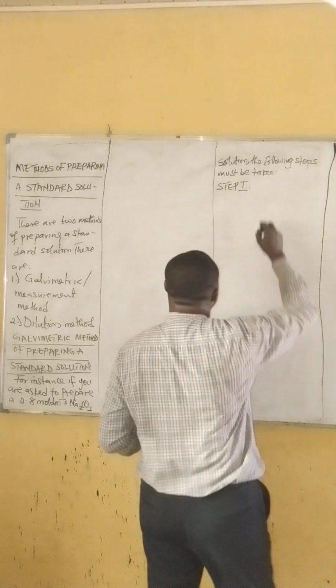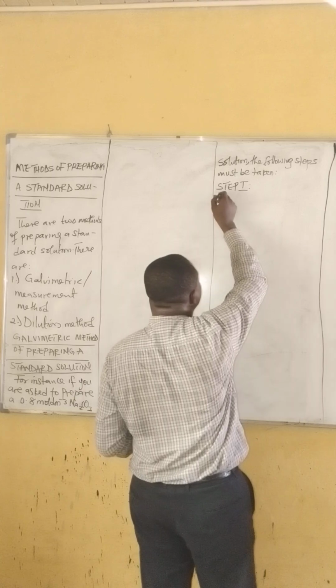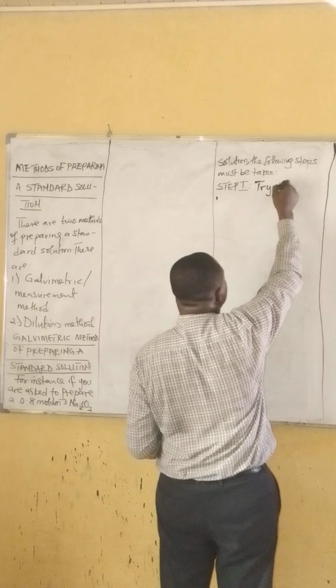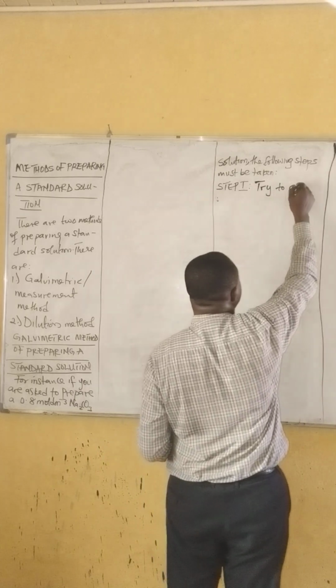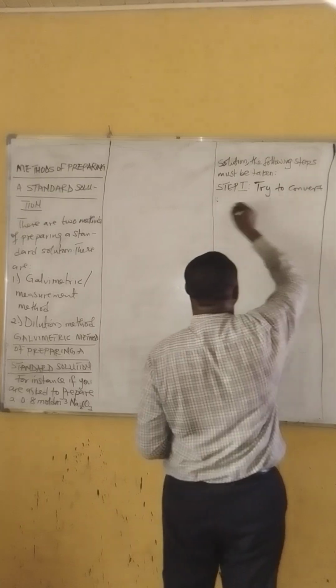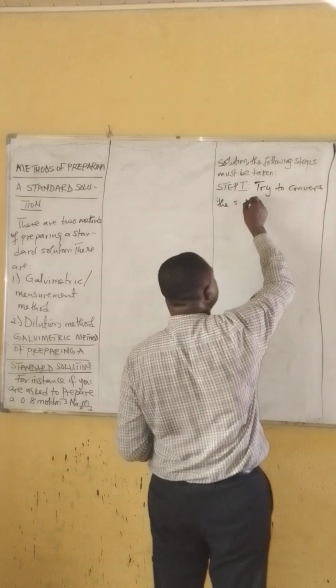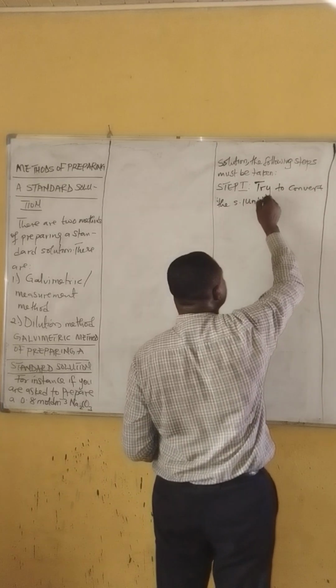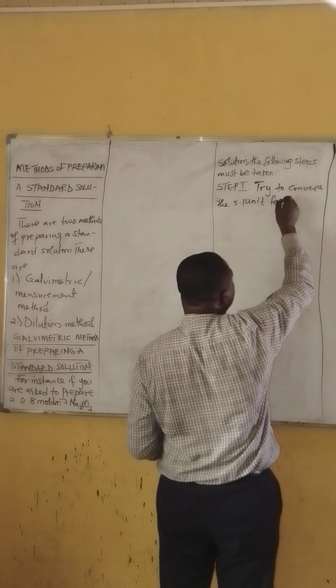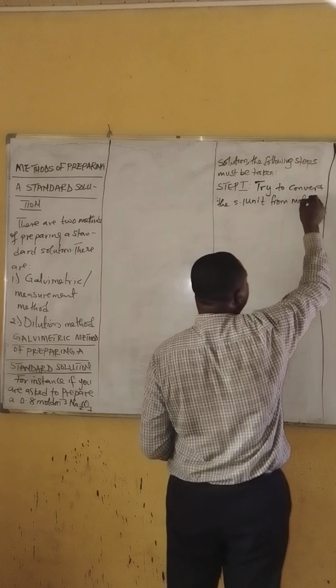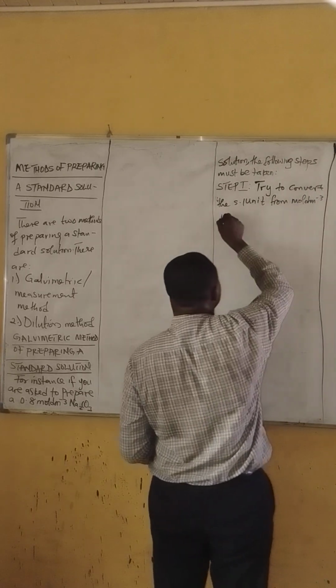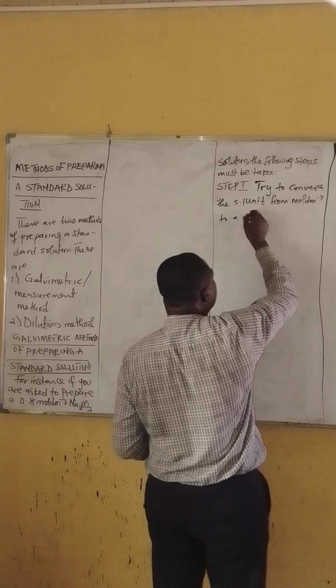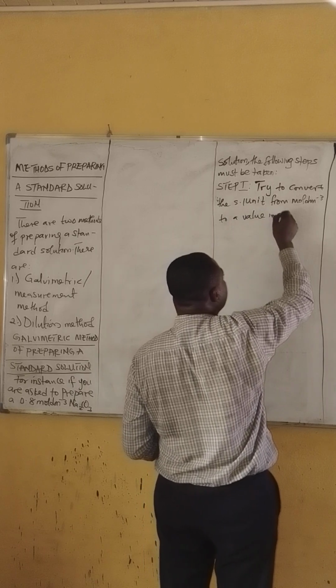Now, first step is to convert the SI units from mole per dm³ to a value in grams per dm³.